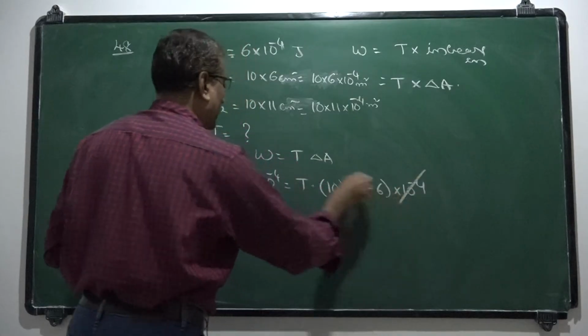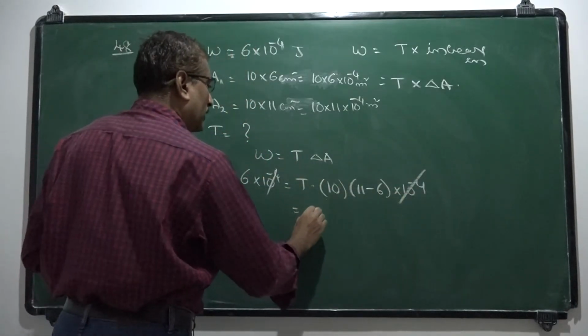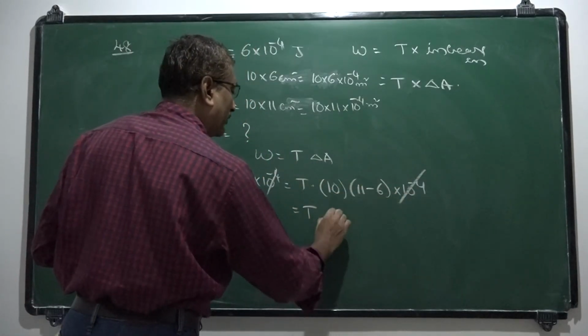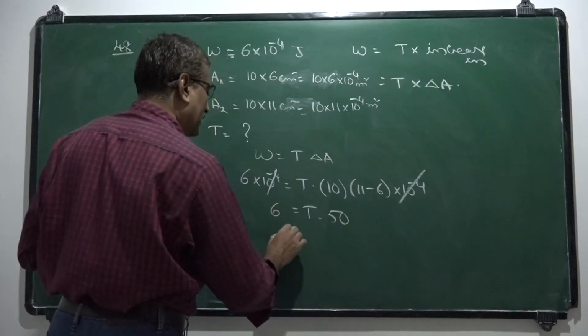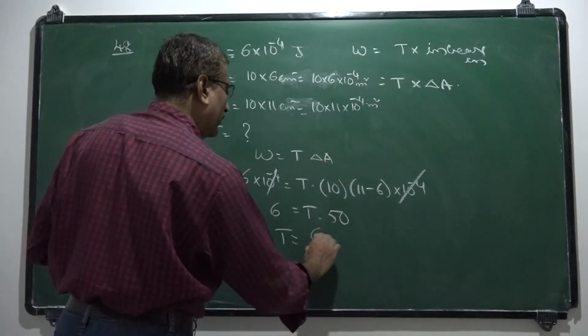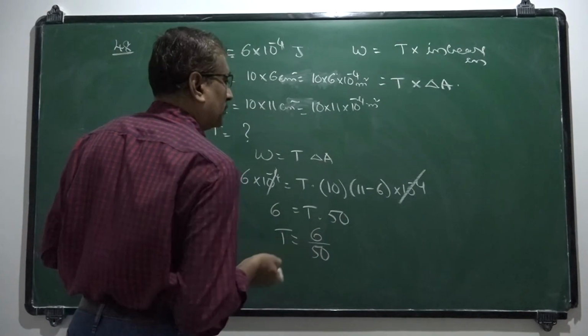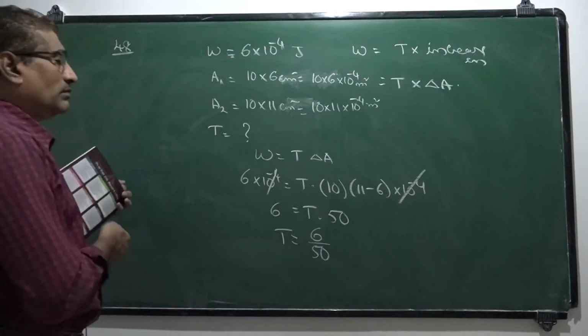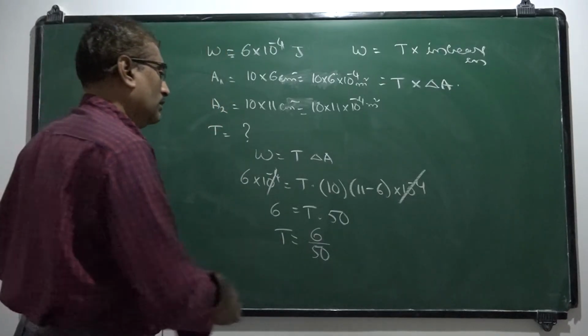So you can cancel this out. T into 11 minus 6 is 5, 50, here it is 6, T equal to 6 by 50.